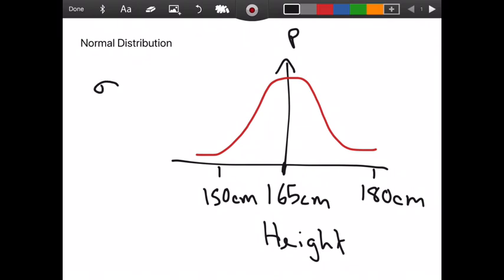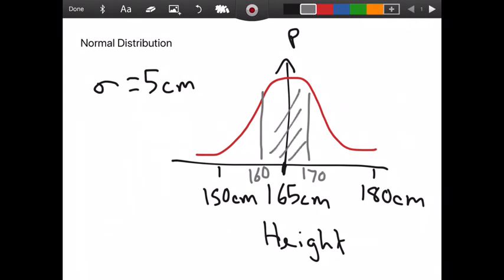So here, if the standard deviation was 5 centimeters, that would mean that between 160 and 170, because it's 5 centimeters either side of the mean, we'd have 68% of our people would be between 160 and 170 centimeters.